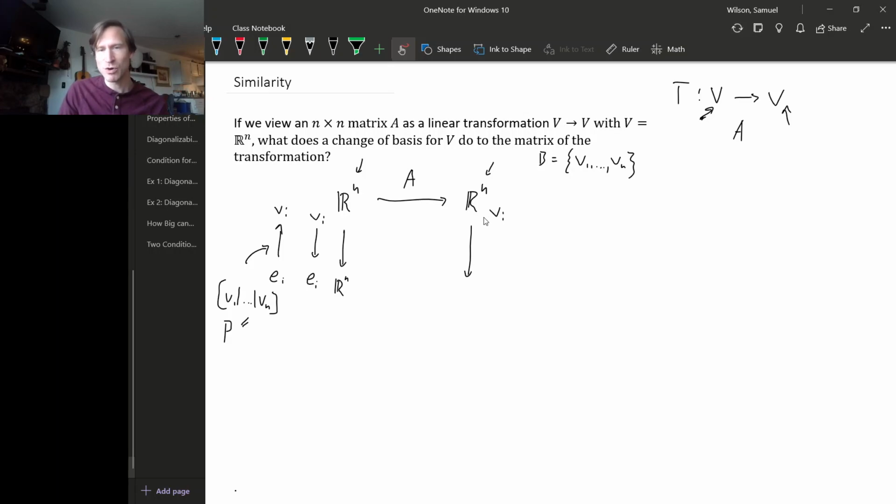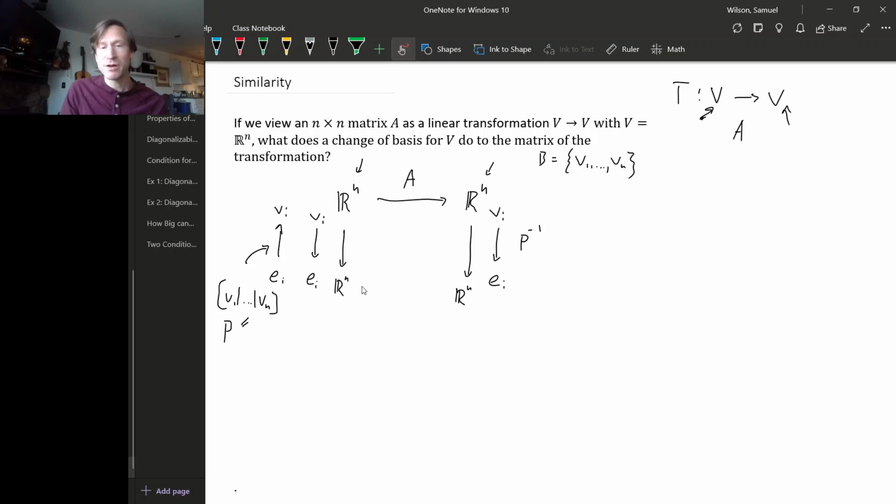And so the coordinate map over here sends the basis v_i to the standard basis e_i. And what will the matrix for this linear transformation be? Well, we have the matrix P that sends the e_i to the v_i. We're going the other way, so this is just going to be P inverse.